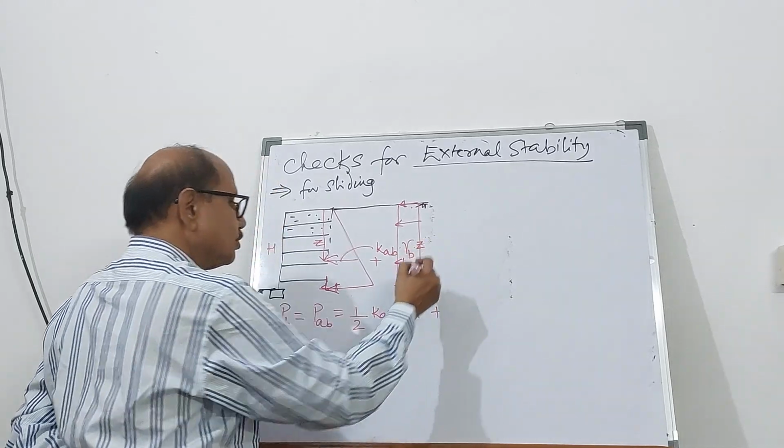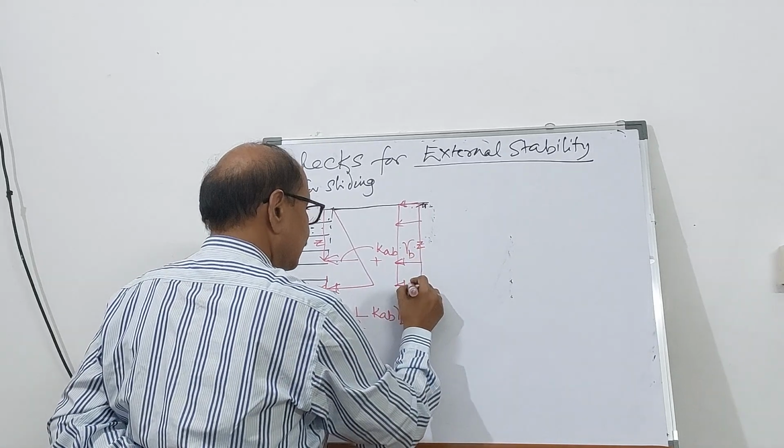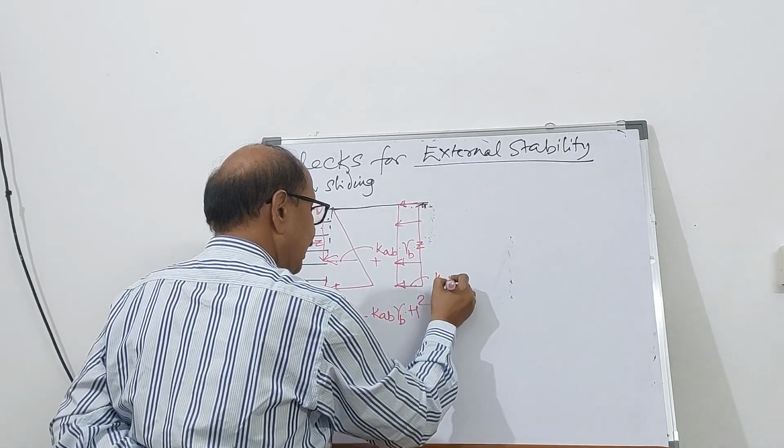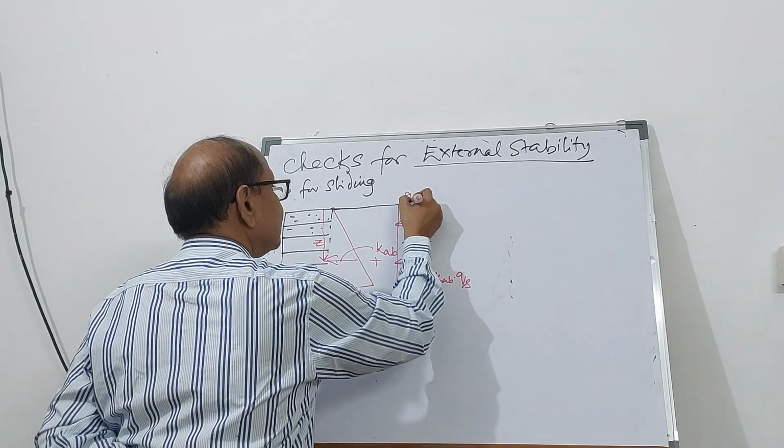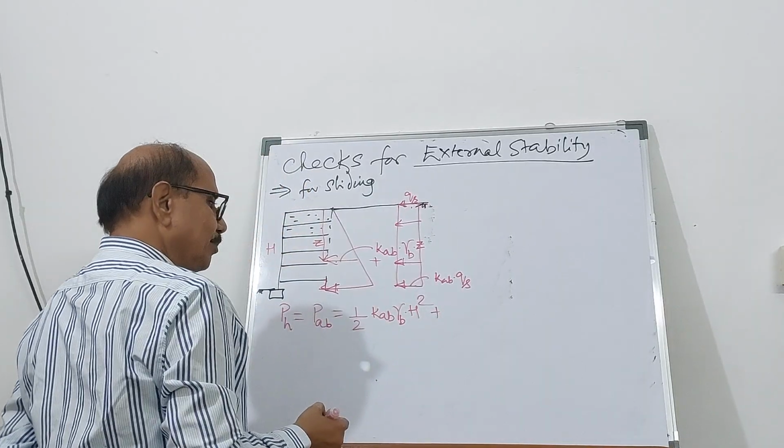plus this will be KA of backfill into QS. This is due to surcharge on the backfill.